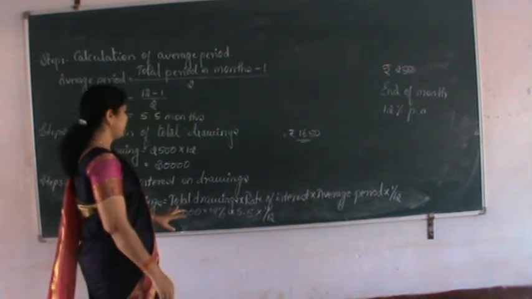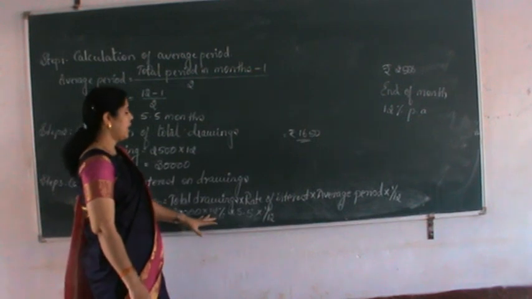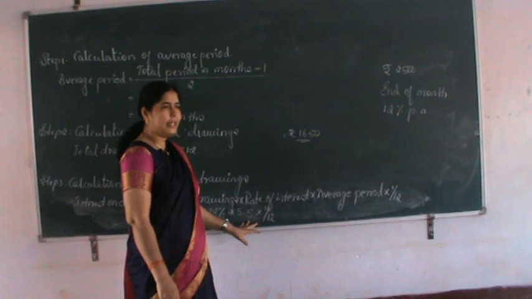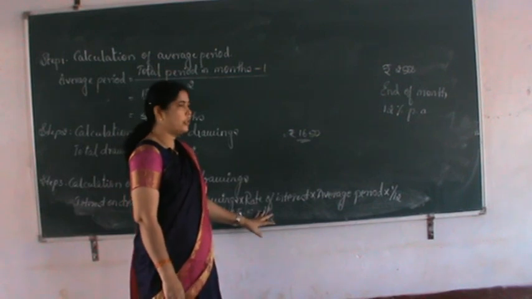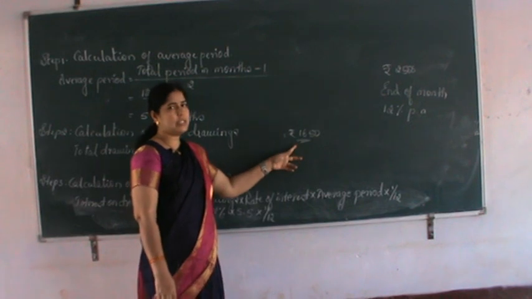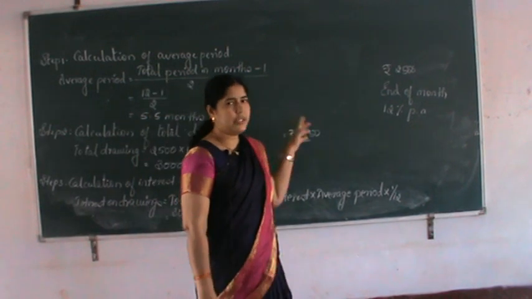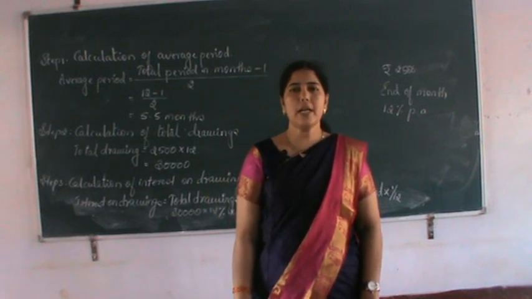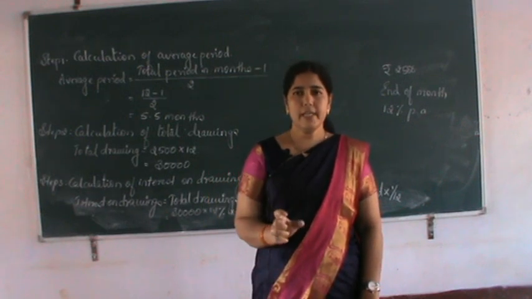So total drawings is 30,000, rate of interest is 12%, average period we have calculated as 5.5 months into 1/12. The answer is rupees 1,650.